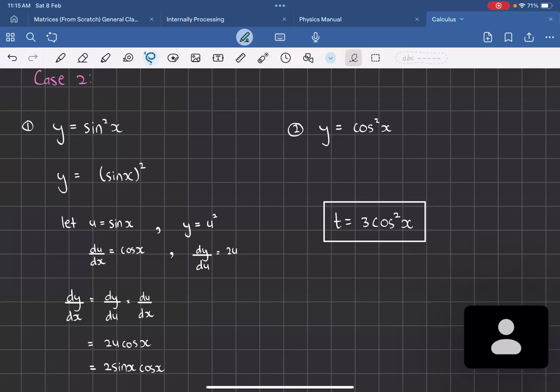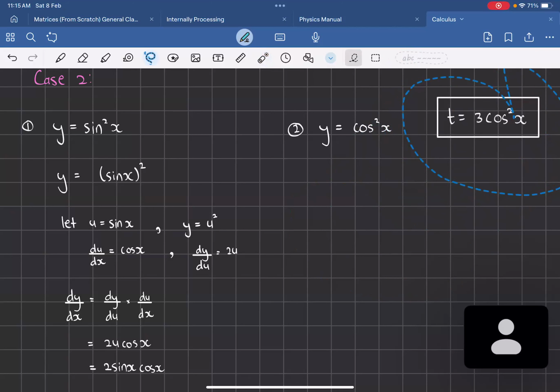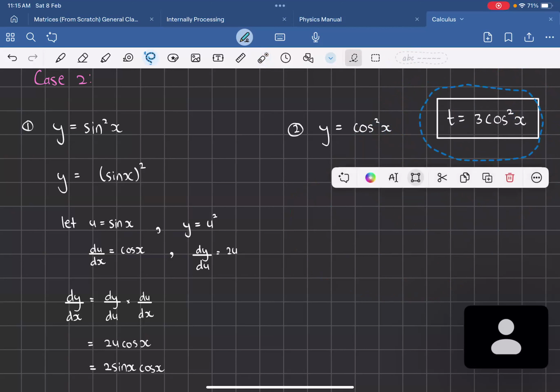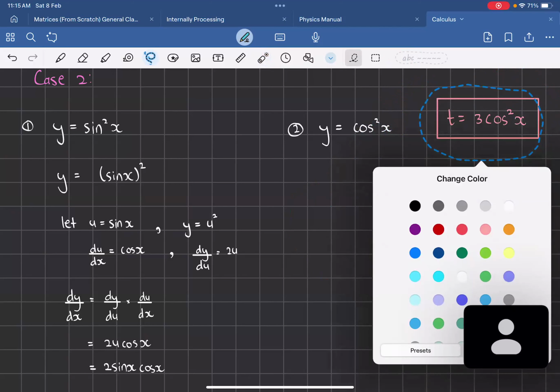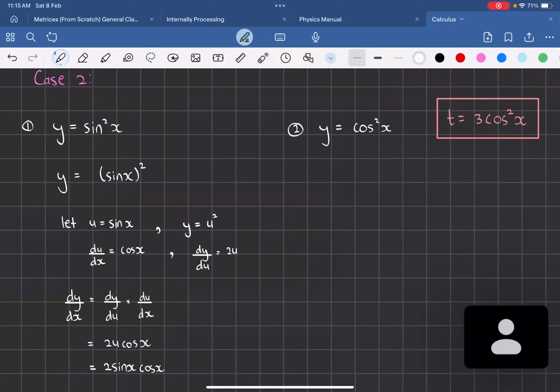While you guys are trying to figure out this question, let me put on the working for y is equal to cos squared x. If anybody is confused, it's the same steps as the last one.